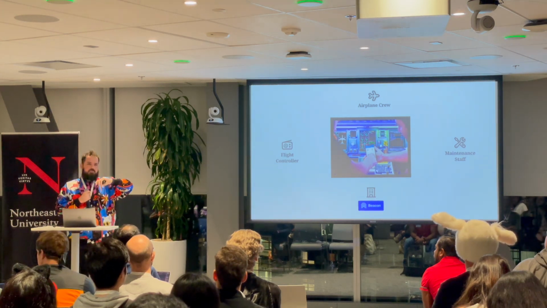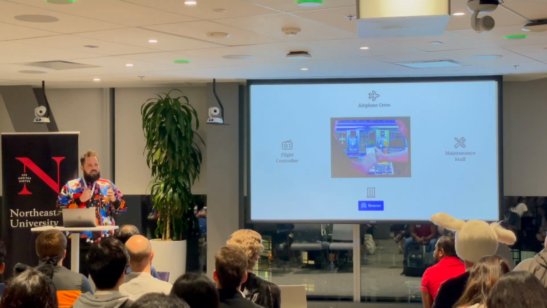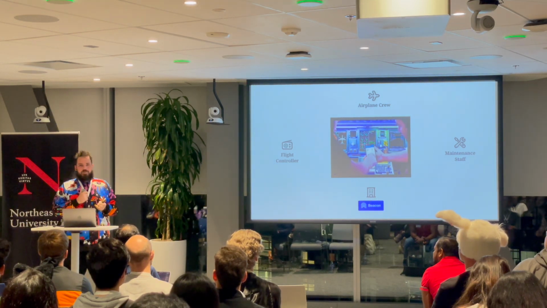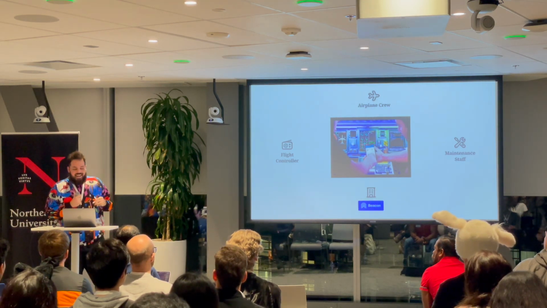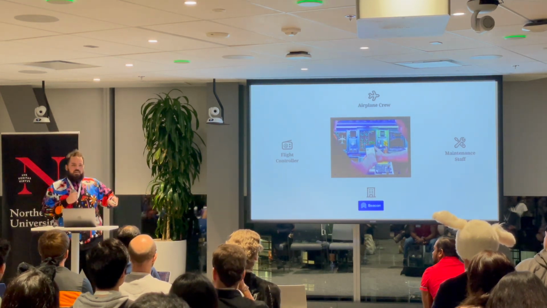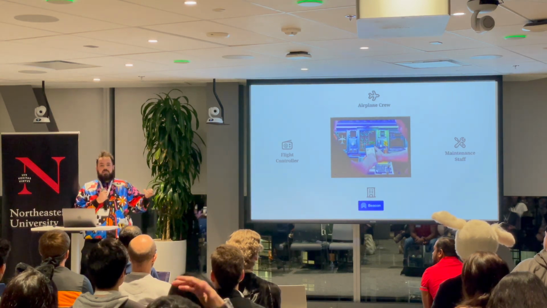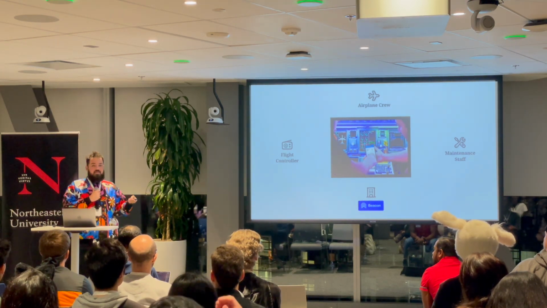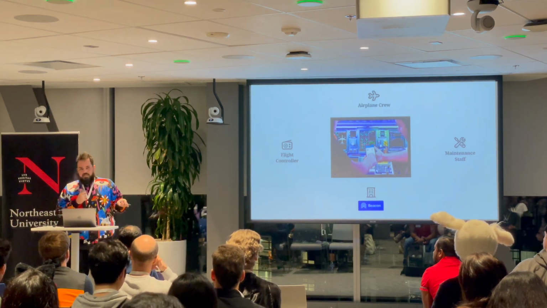Let's say they're flying from Toronto to Vancouver, and let's pick a non-scary problem, like the AC. The AC is not working very well, it's feeling warmer, and they communicate to the flight controller, and the flight controller uses the app to find a maintenance crew that is specialized in that type of AC, in that type of aircraft. So that's how the app works.